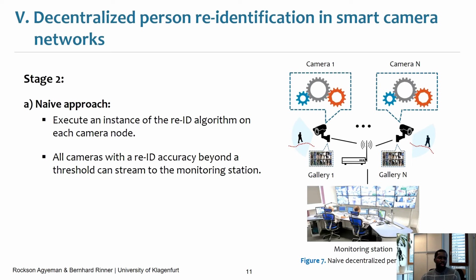Now, the downside to this naive approach is that no camera knows what the other is seeing or sensing. Therefore, if a false positive identification is made, multiple cameras can stream video to the monitoring station. To overcome this limitation, we propose a collaborative approach.